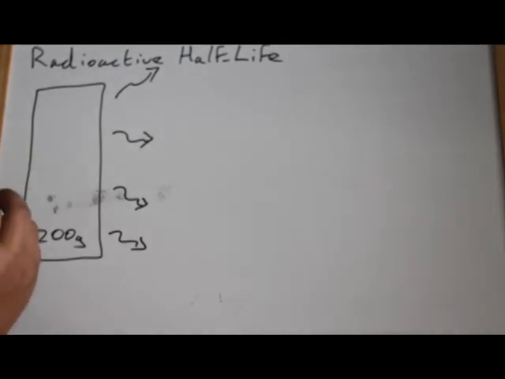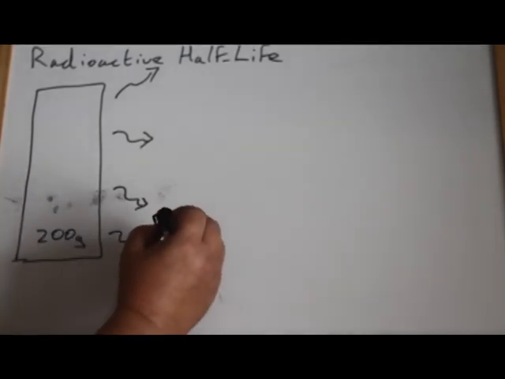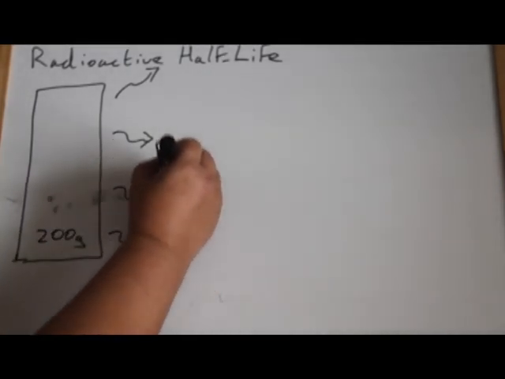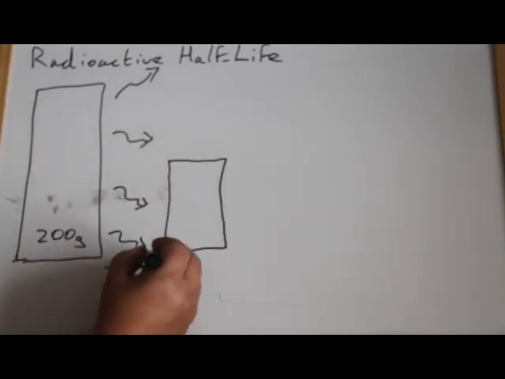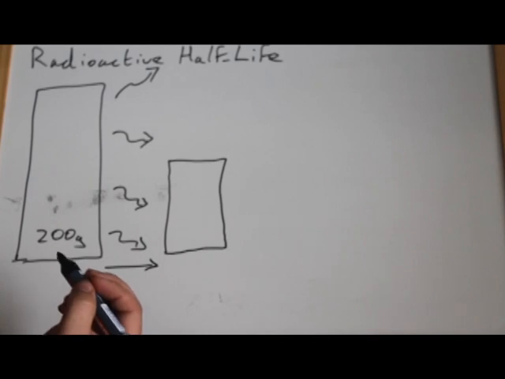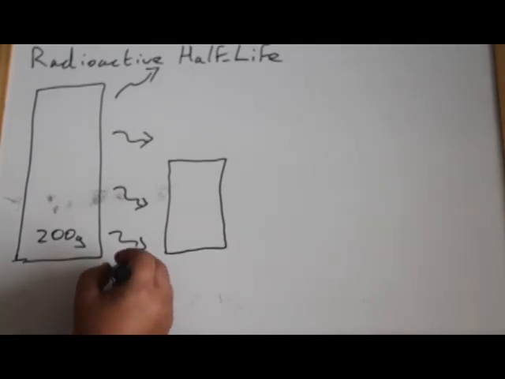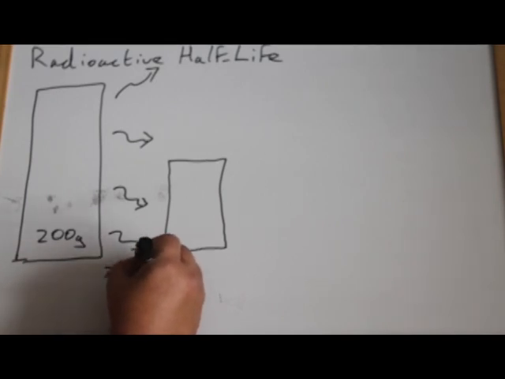What's happening is that the radioactive atoms are changing inside it from one form to another. So after a particular amount of time, half of those radioactive atoms will have decayed or changed into something else. And that amount of time is called one half-life.